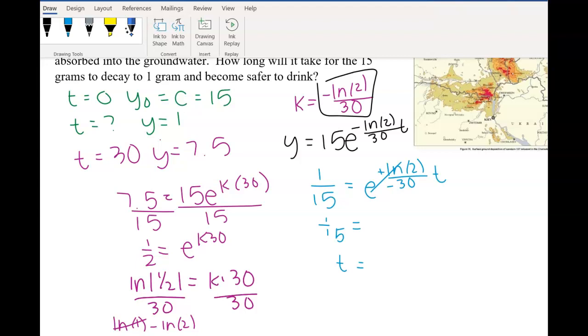I have to bring my negative 30 into my exponent because it's in front of it and has a variable. So like last time when we did them, there's no variable because of your t. You can't do the e's and the ln's canceling until the t is up in the exponent. Because this is e to the ln of 2 over negative 30, kind of like times, no, not times, power to a power.